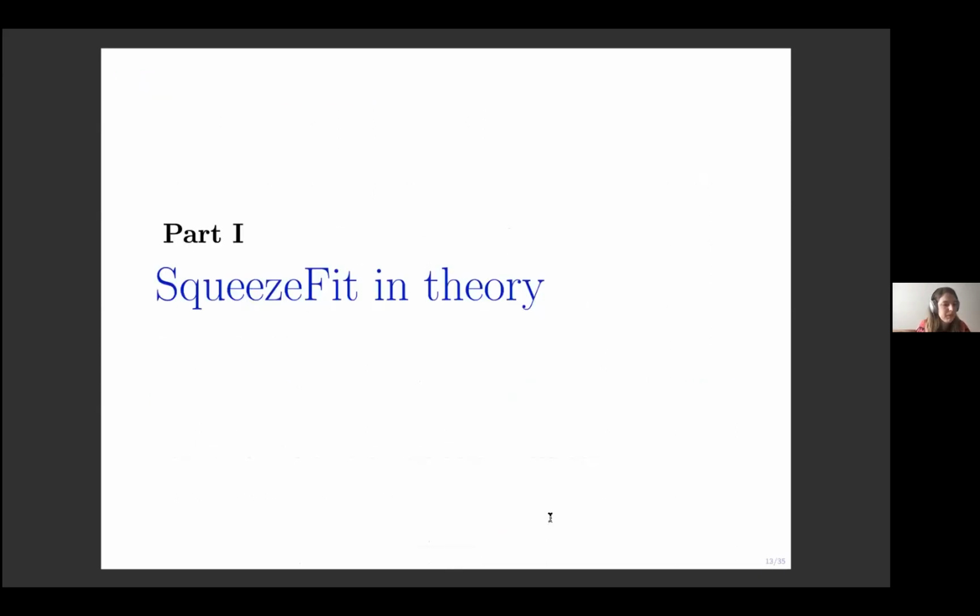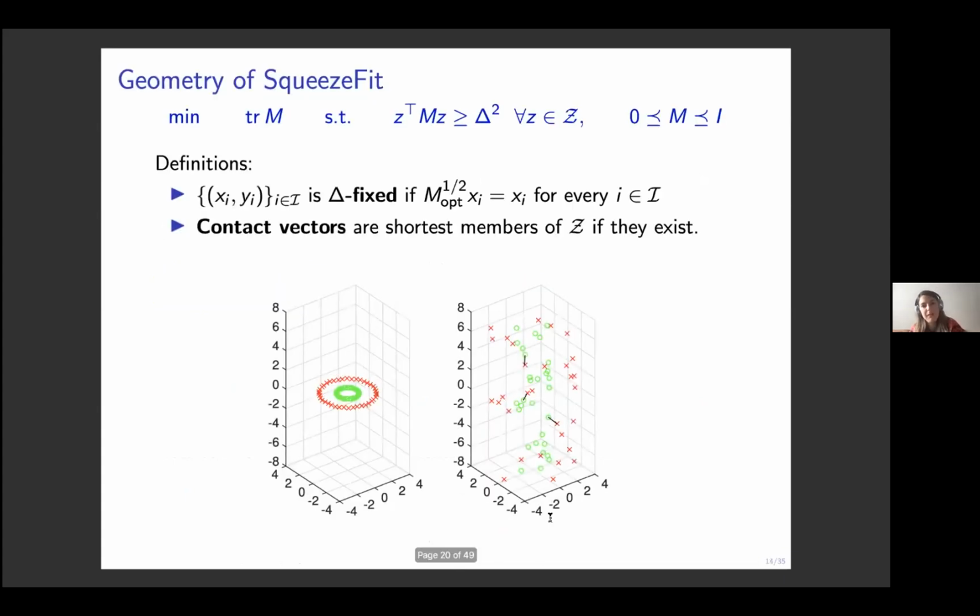So we can theoretically analyze this semi-definite relaxation in the following way. First, we have this semidefinite relaxation, and we're going to say that a set of vectors is delta fixed if you take the solution of the semidefinite program and you take the square root of that and you apply it to your x's, and the x's don't move.